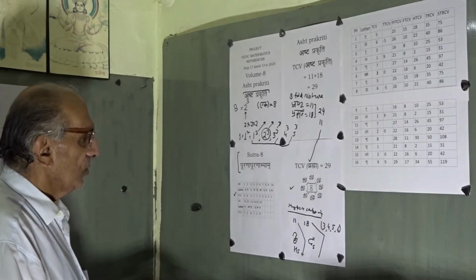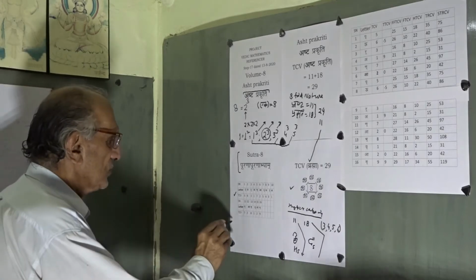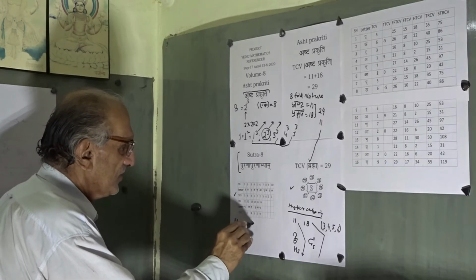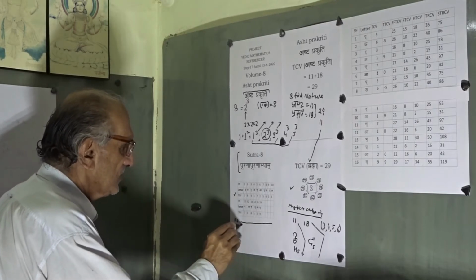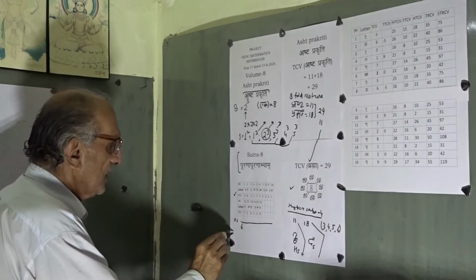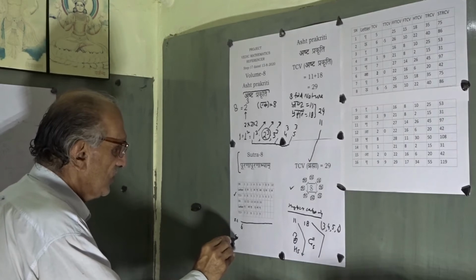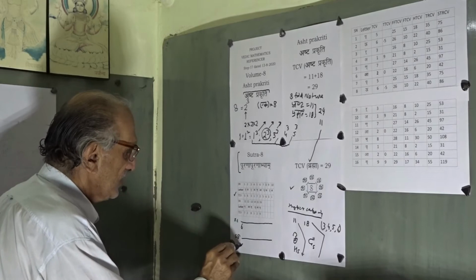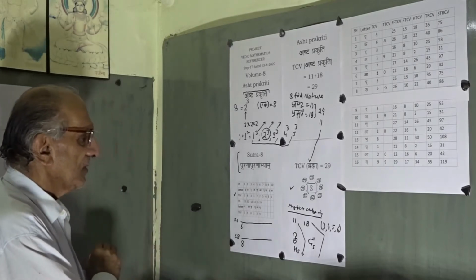And we will see that Sutra 1 is of 16 letters range. It begins with the first letter of TC value 6. Now Sutra 8 is also of the range of 16 letters and its first letter is of TC value 8.